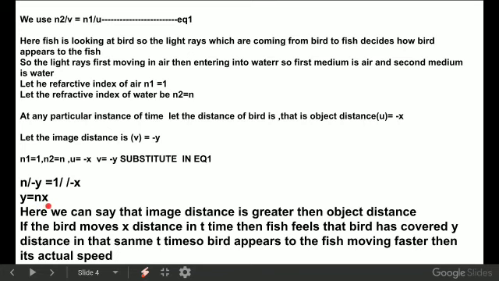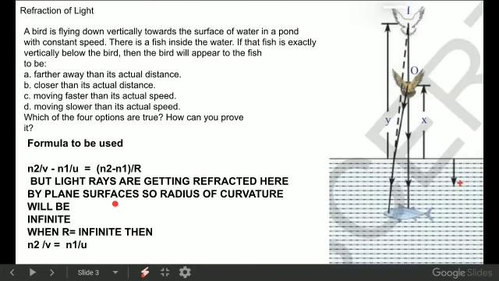I will go to the same diagram again. In any particular t seconds of time, if the bird moves this x distance, then in that same time, t seconds, the fish experiences that the bird has covered y distance.